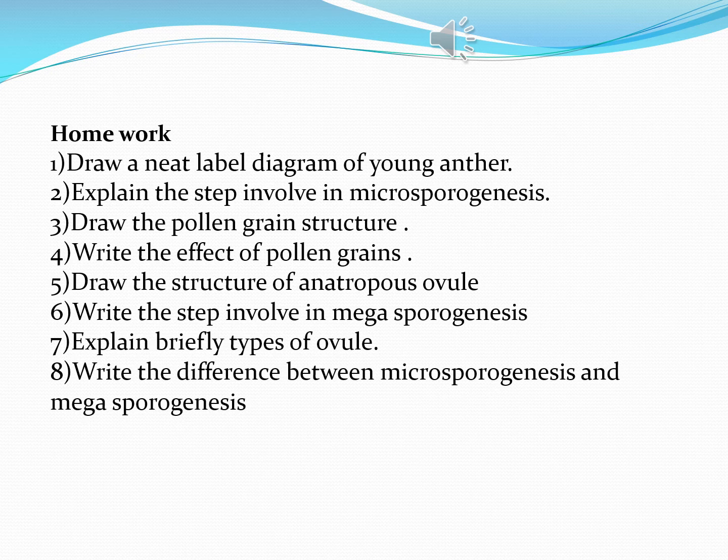In this slide, as we mentioned, there is homework. The first question: draw a neat labelled diagram of a young anther. Second: explain the steps involved in sporogenesis. Third: draw a pollen grain structure. Fourth: write the effect of pollen grains.